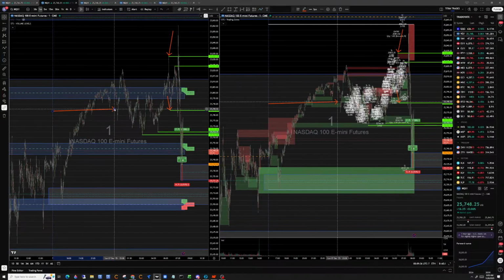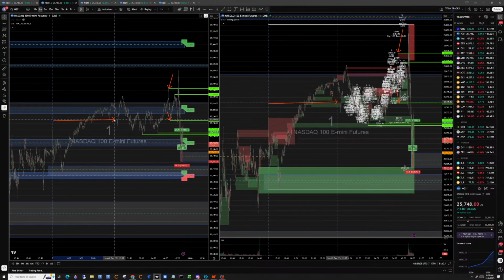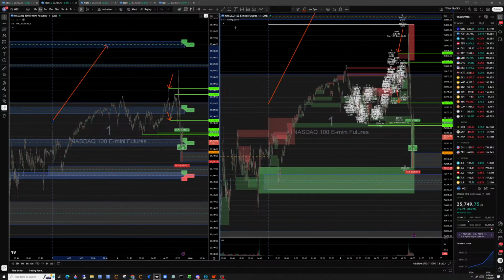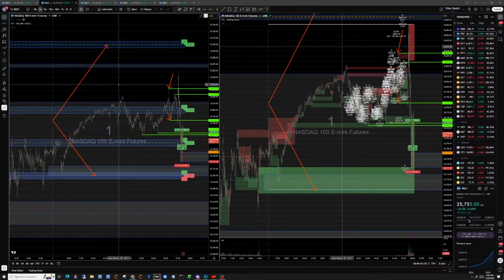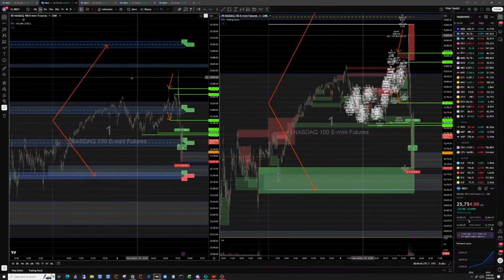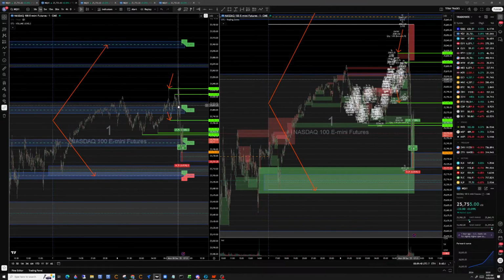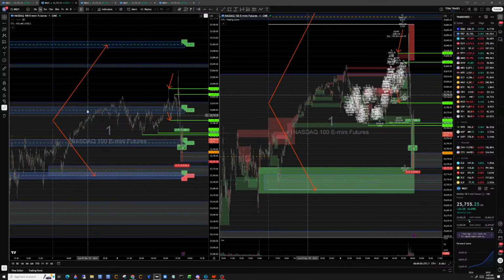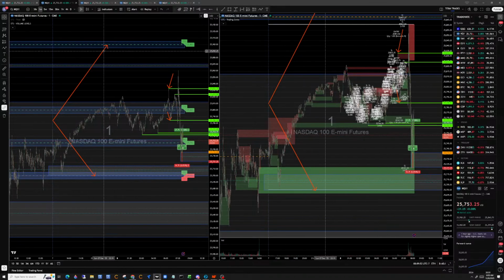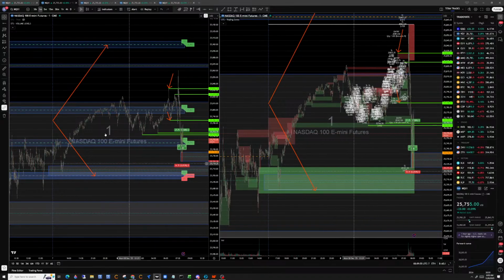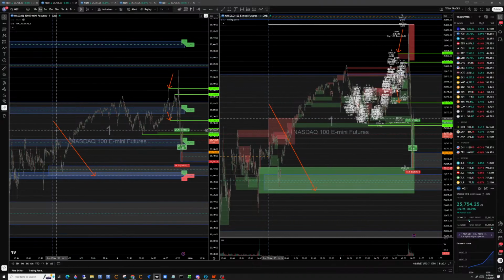So that gives us really two options, this level here and this level here. A lot of times price will go to one of those levels, whether you look at it as which one has the most volume or which one's closer. You'll see a lot of times price will end up going to those.